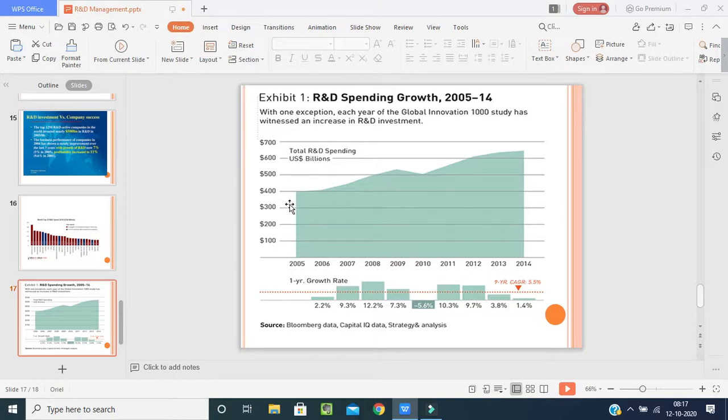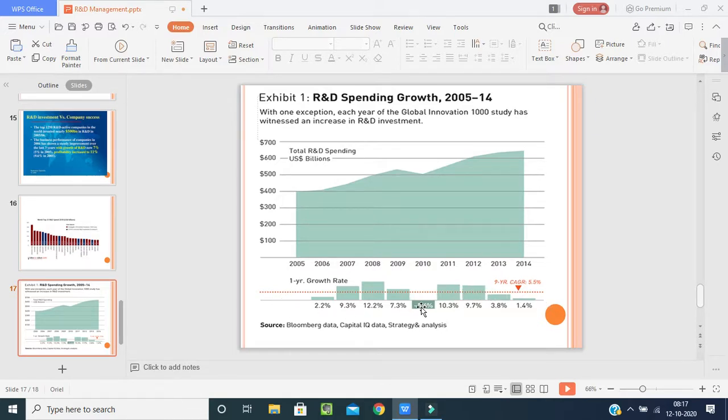They used to earn 400 billion in 2004, but the growth rate has increased up to here. If you see, it's above $600 billion. So it has increased in percentage. See, it's 2.2. Again it has increased, and fluctuation came back, but it has increased overall.